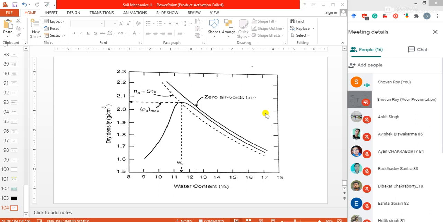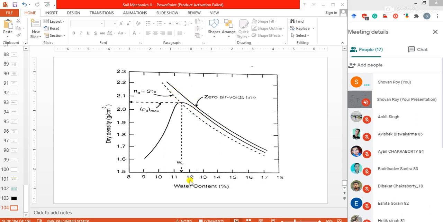What is the percentage of air voids? It is the relation between the volume of air to the total volume, in percent. Okay, that is the percentage of air voids: Va by V, the volume of air to the volume of total soil, into 100, that is in percentage.